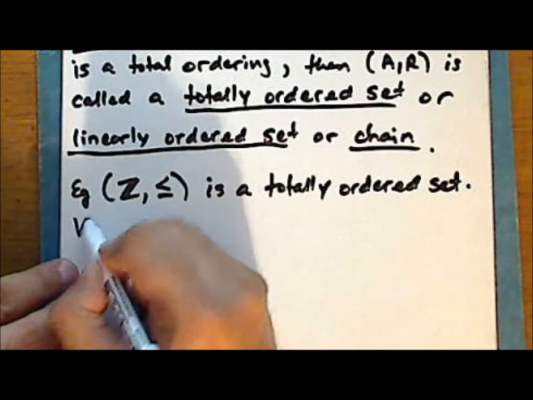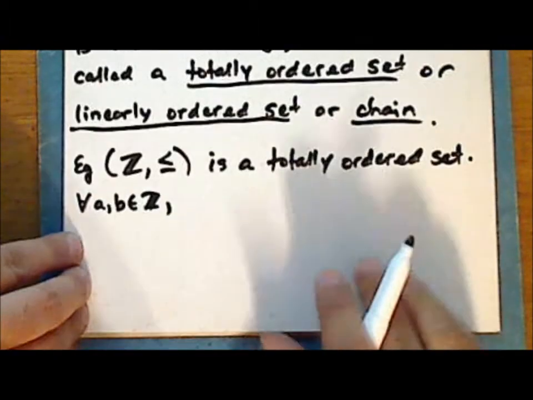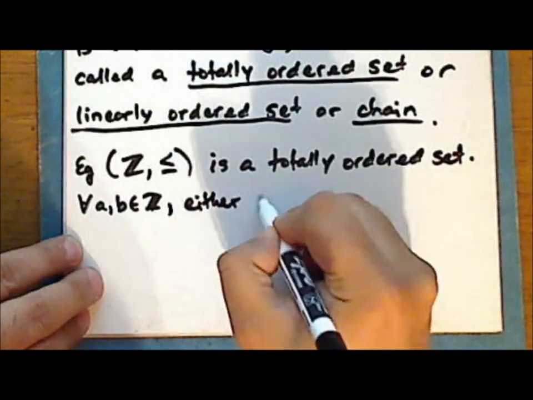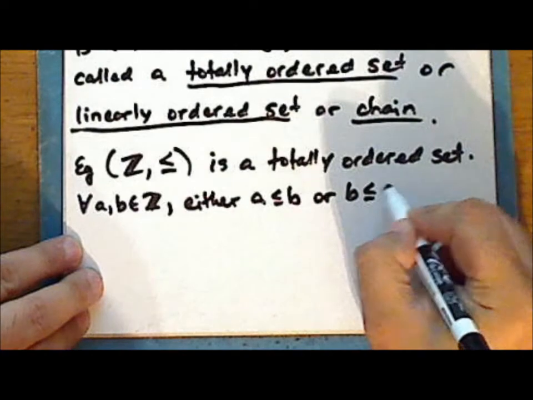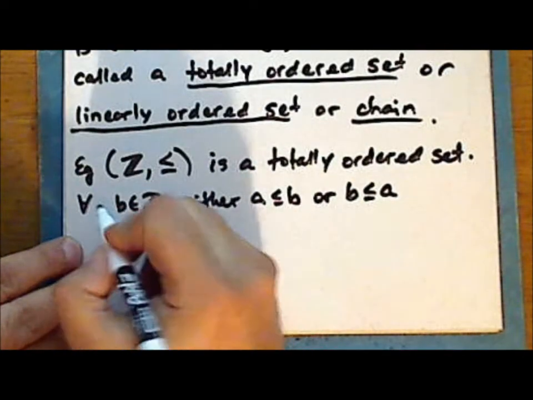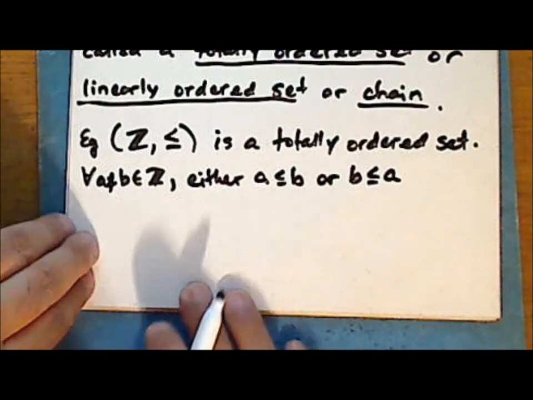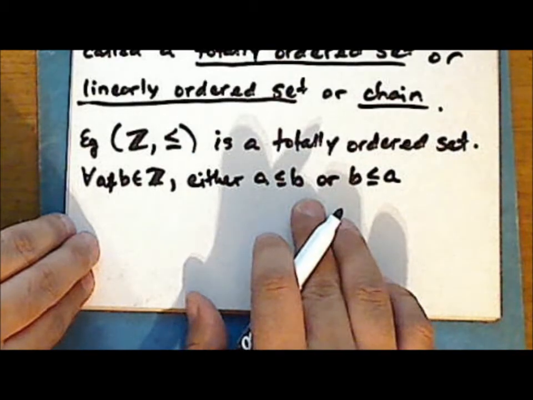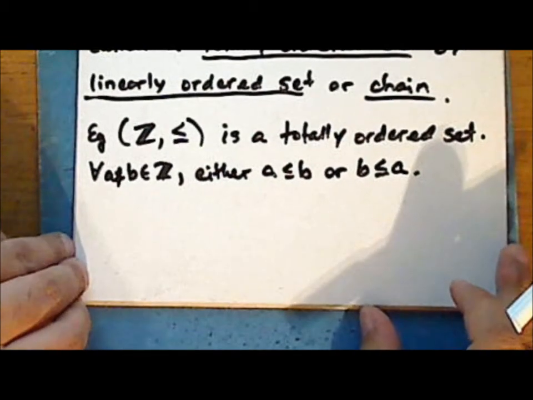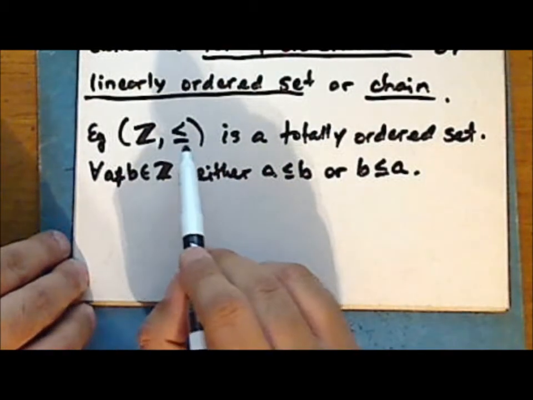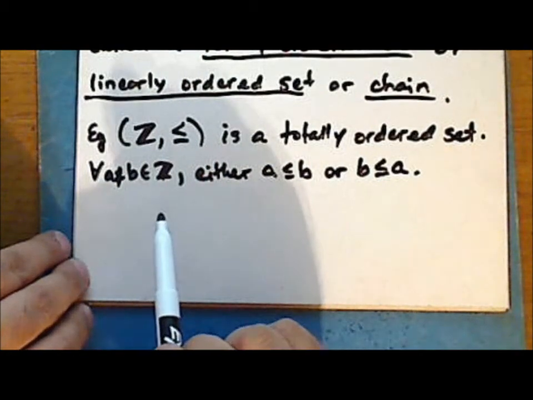So notice that for every two distinct integers a and b, a not equal to b, either a is less than or equal to b, or b is less than or equal to a. One of those will be true for any two distinct integers.